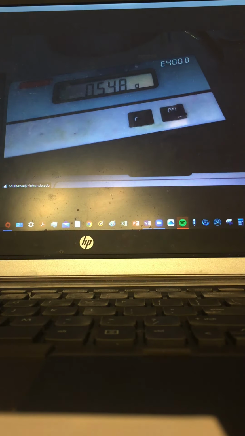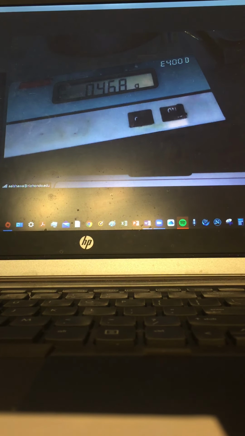Let me shut off the fan. So this is the initial amount. I'll do a measurement while there.